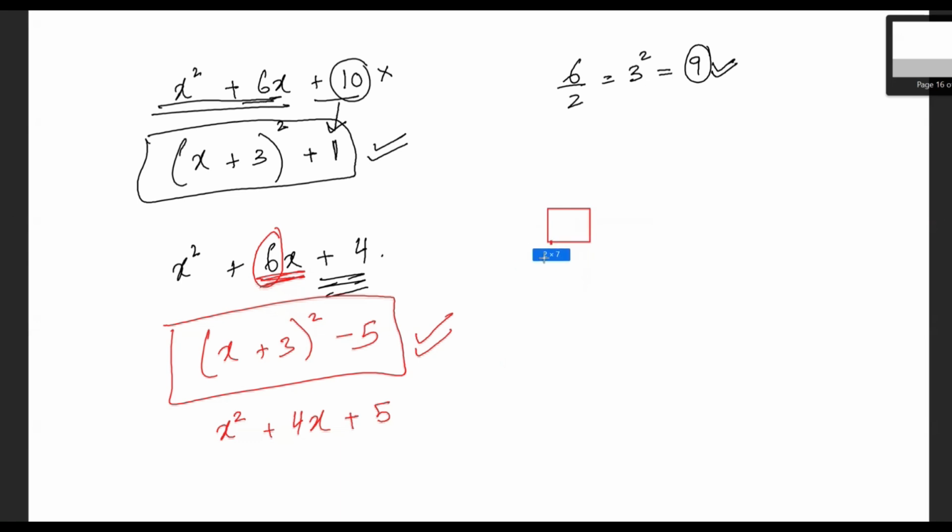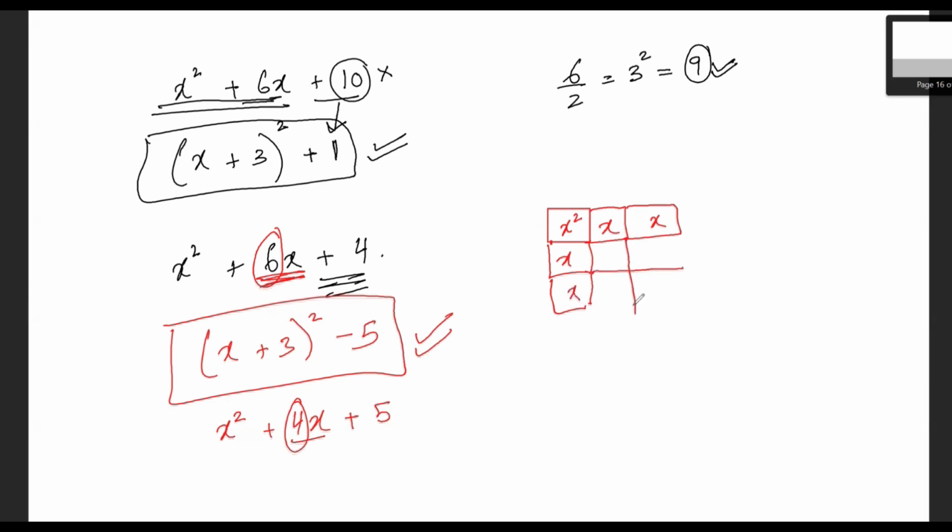Let's draw it manually. x square is going to be there, right? Then we have 4x divided by 2. You will get 2x here, x and x, and 2x here, x and x, right?